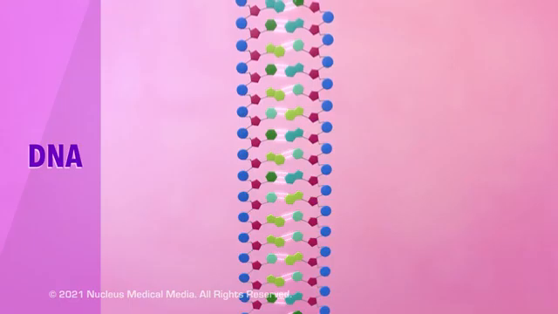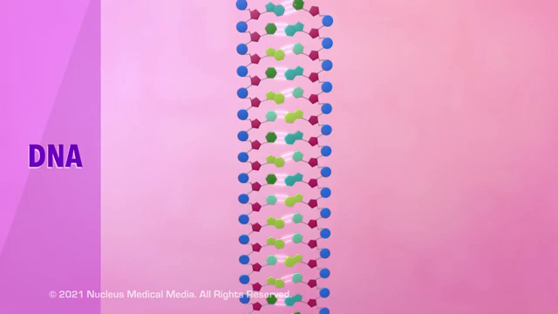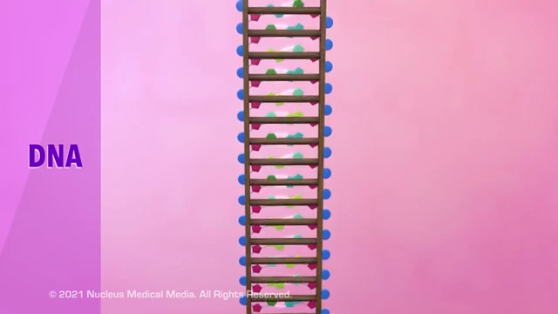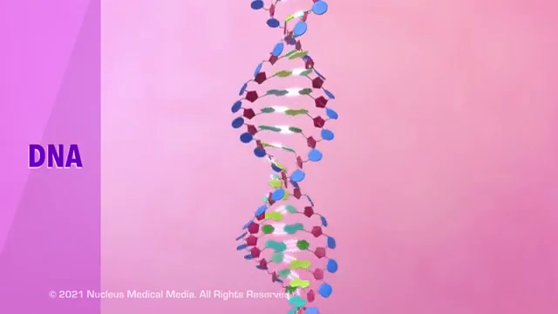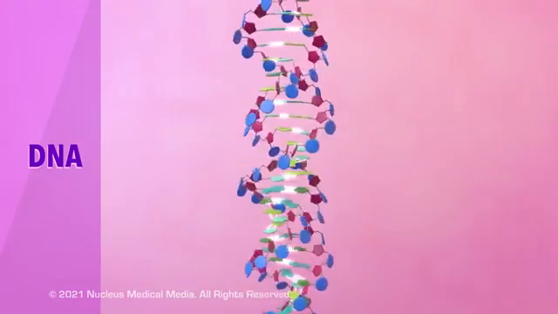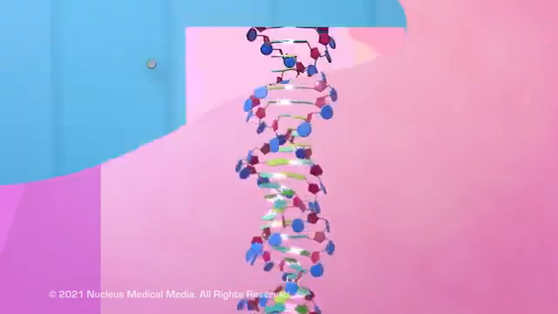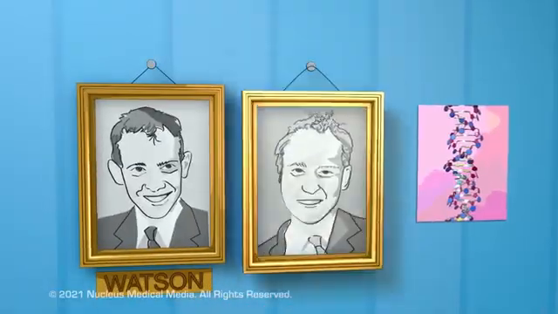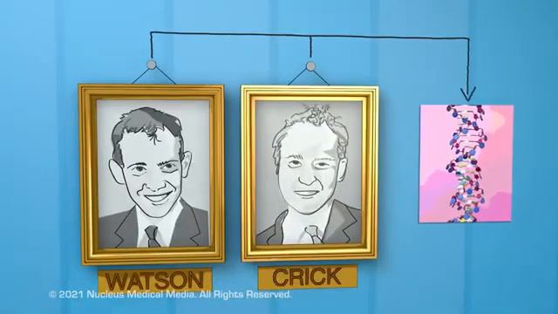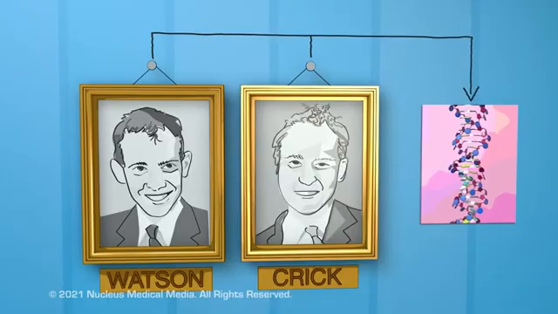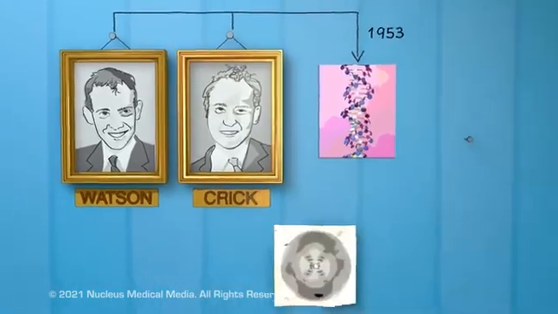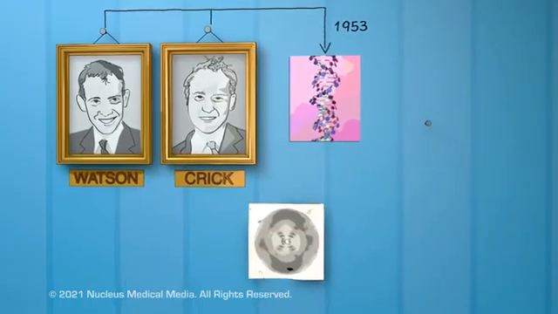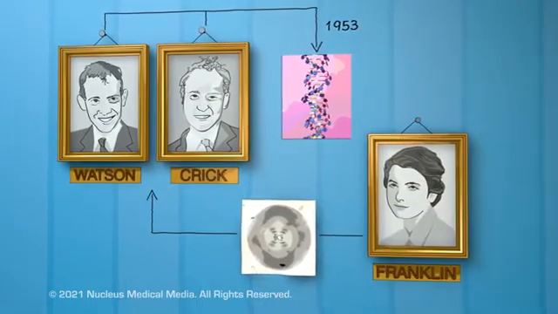When the spiral DNA molecule is untwisted, these base pairs look like rungs on a ladder. The spiral DNA molecule is described as having a double helix shape. James Watson and Francis Crick first described DNA's double-stranded helical structure in 1953, after looking at X-ray images of a DNA molecule taken by Rosalind Franklin.